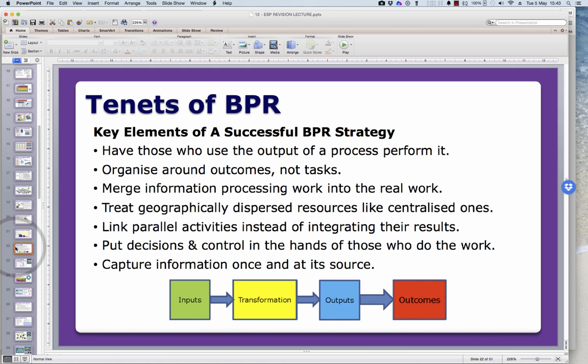Link parallel activities instead of integrating their results. So you put activities in parallel and you link them together in parallel perhaps. Put decisions and control in the hands of those who do the work. So what you don't want is decisions and control in the hands of kind of managers.